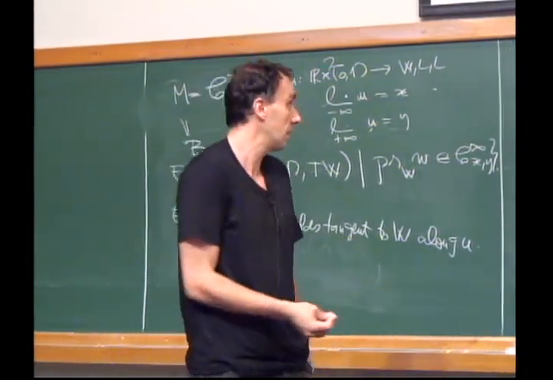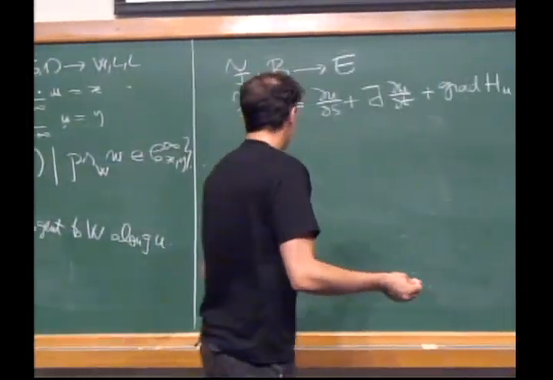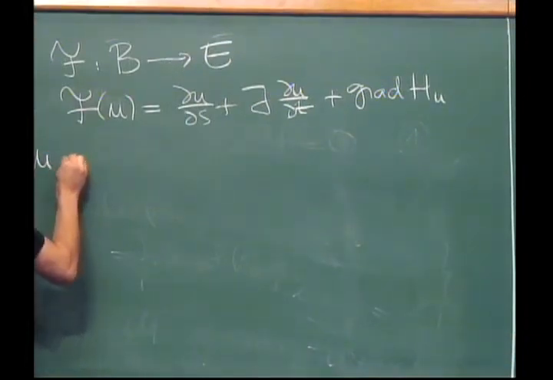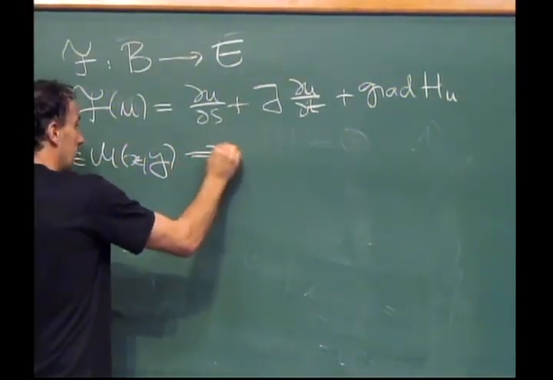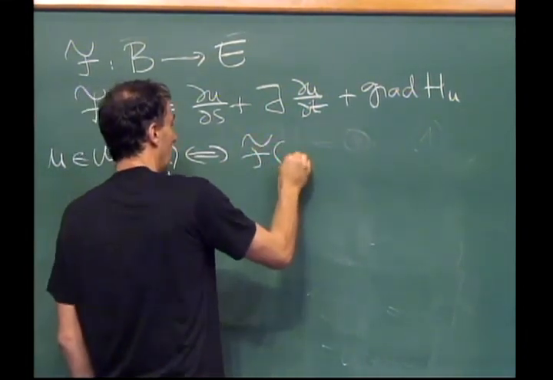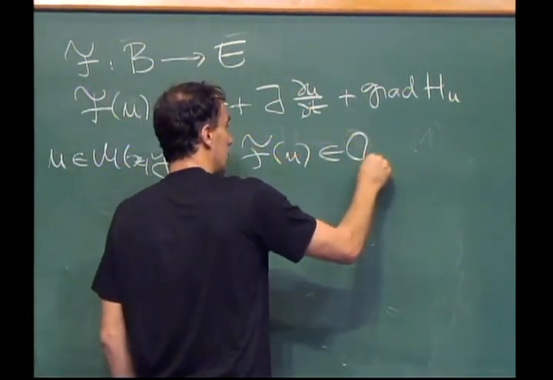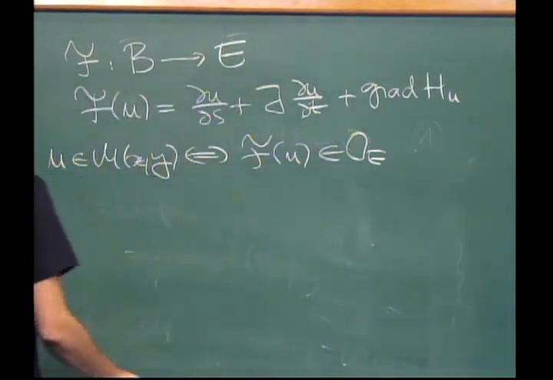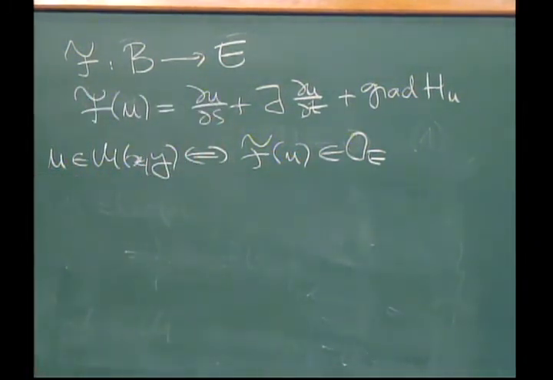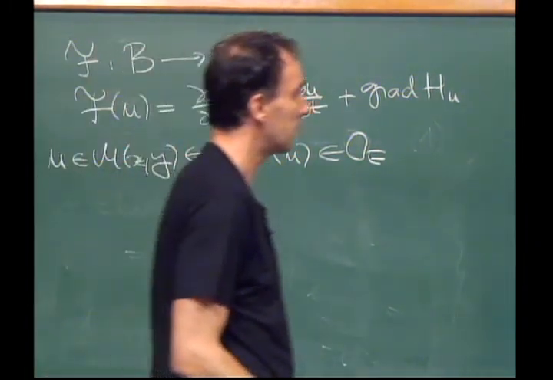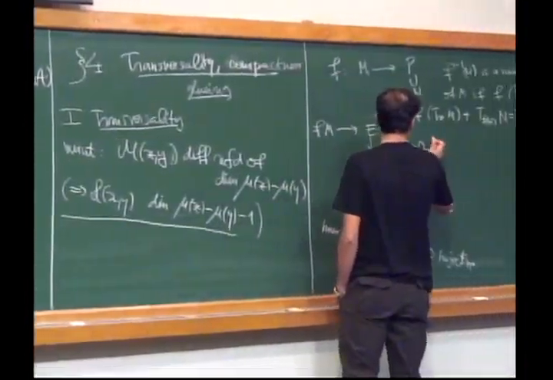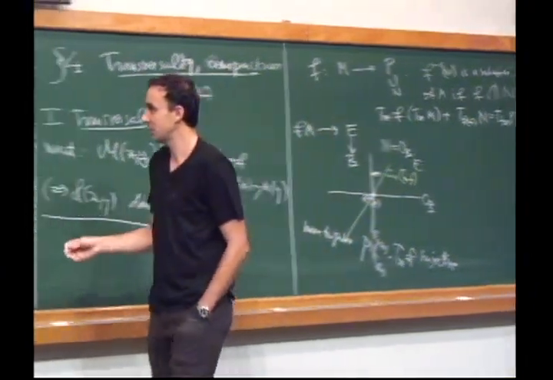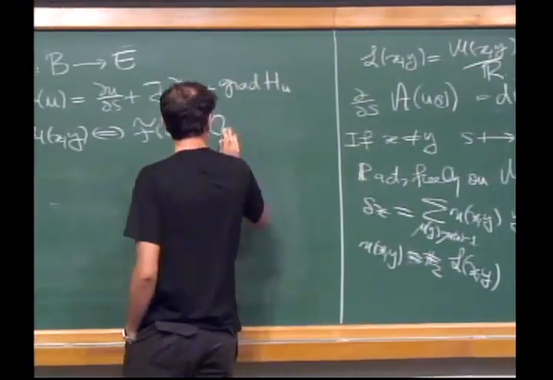And saying that u is in M_xy is the same thing as saying that F of u belongs to this zero section. I wrote it like B, but it should be zero. Zero B, zero E. The zero section, in any case.